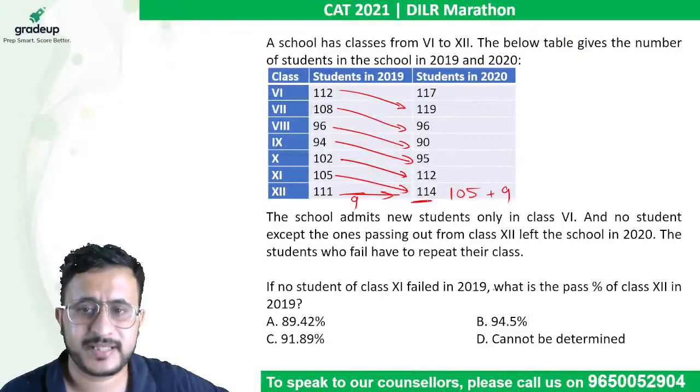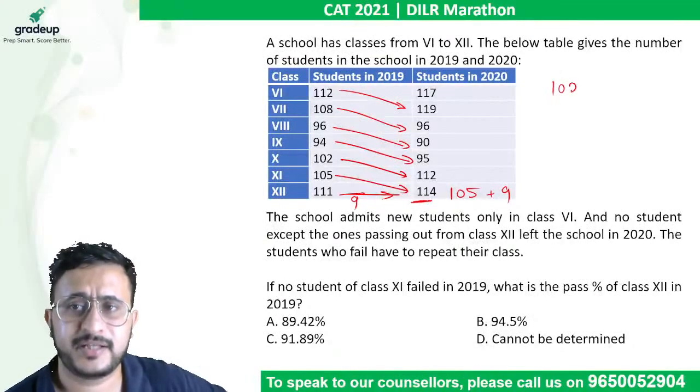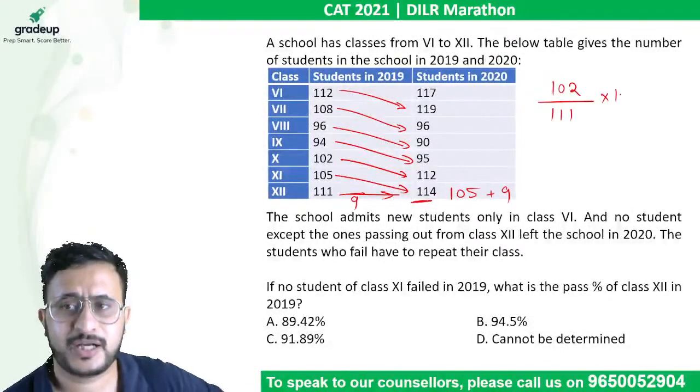So what is the pass percentage of class 12th in 2019? In 2019 there were 114 students, of whom 105 will pass, because 9 people failed here. That comes to approximately 91%.